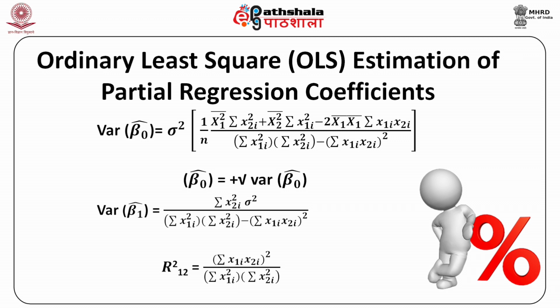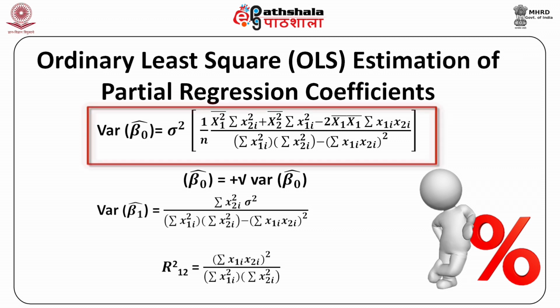Variance and standard error of OLS estimators. The standard errors of OLS estimators are required to form two important statistical inferences: to construct confidence limits and to test statistical hypotheses. Variance of beta hat 0 is equal to sigma squared times 1 by n plus x bar squared 1 sigma x squared 2i plus x bar squared 2 sigma x squared 1i minus 2 x bar 1 x bar 2 summation x1i x2i, all over summation x squared 1i into summation x squared 2i minus summation x1i x2i the whole squared.